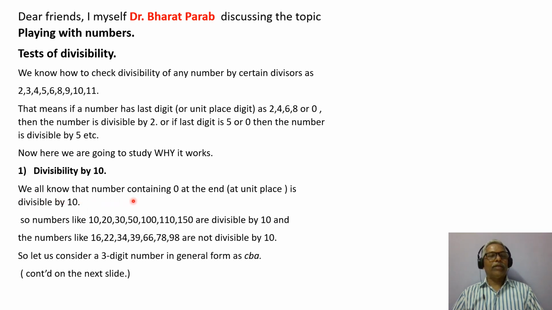We all know that numbers containing a 0 at the end, at the unit place, are divisible by 10. So we see these numbers 10, 20, 30, 50, like that. All these numbers are divisible by 10, and numbers like 16, 22, 34 are not divisible by 10.